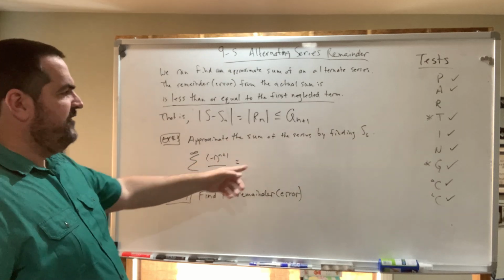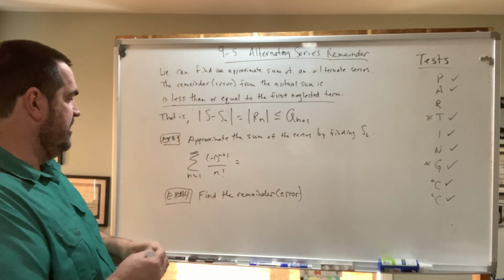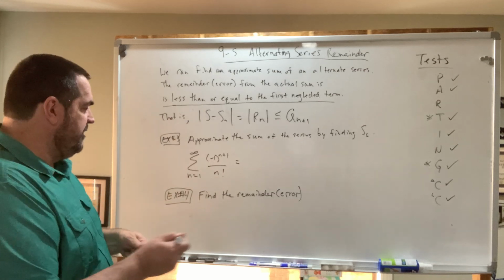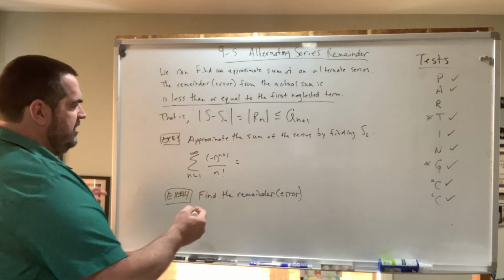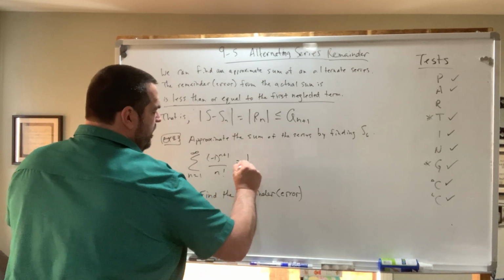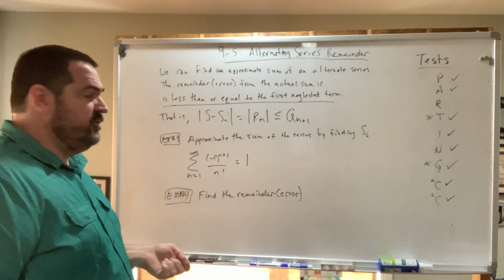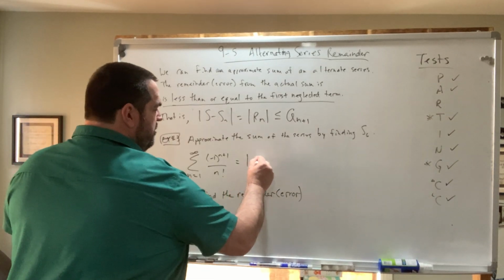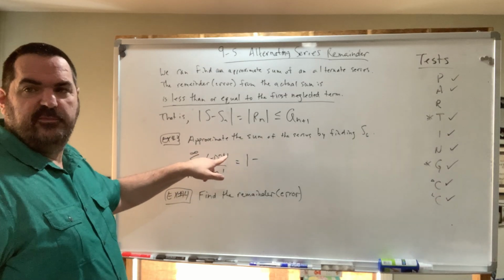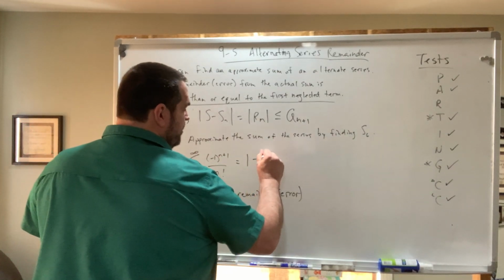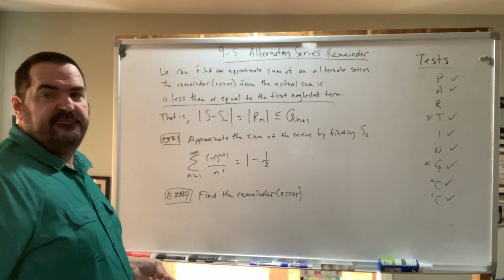So let's go ahead and find the sum of a 6, okay? This is an alternating series with n factorial on the bottom, and it says start with 1. If I plug in 1, I get a positive 1 on top, and 1 factorial, which is 1. Then the next term is going to be minus, because when I plug in 2, it'll be negative 1 cubed, so minus 1 over 2 factorial, so minus 1 half.